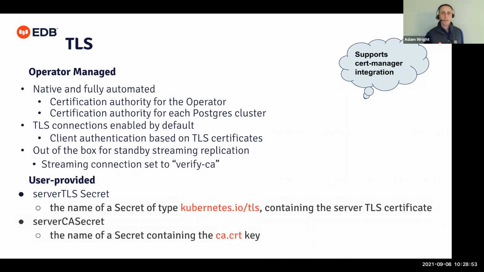And for streaming replication, the configuration is set to the SSL mode level with verify CA. So you can use those same SSL mode settings. You can bump them up with your application to something like verify-full to protect against man-in-the-middle attacks with client to server communication.